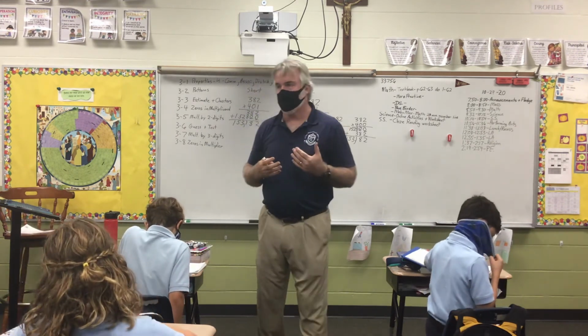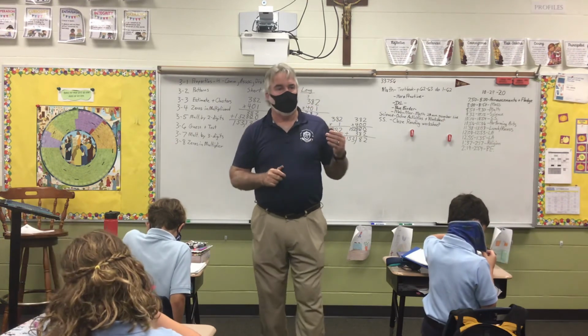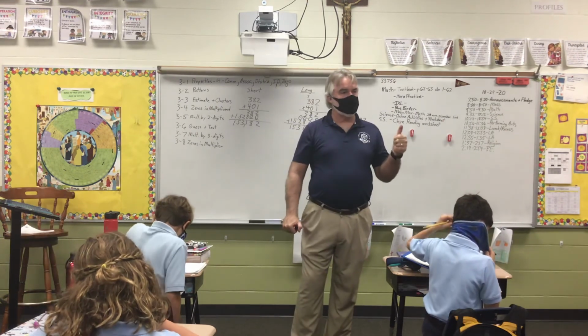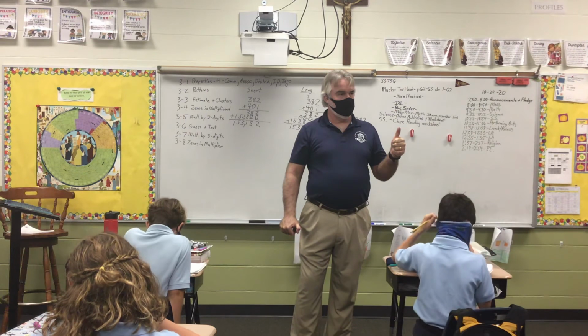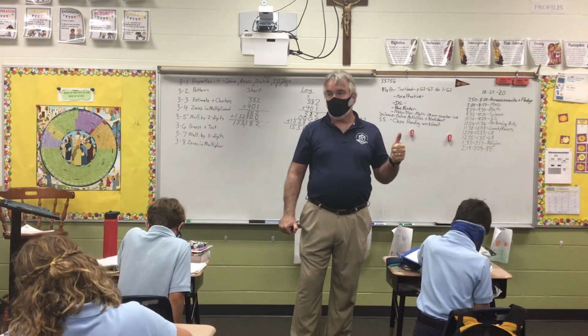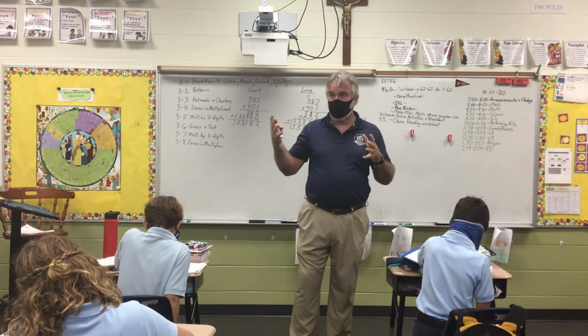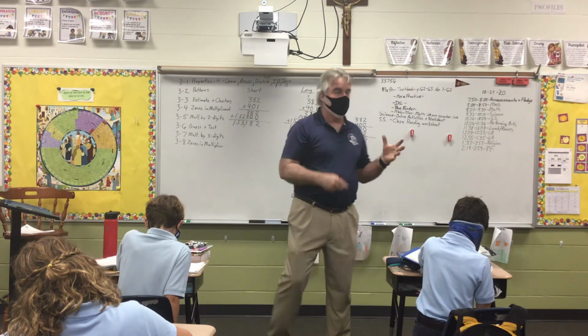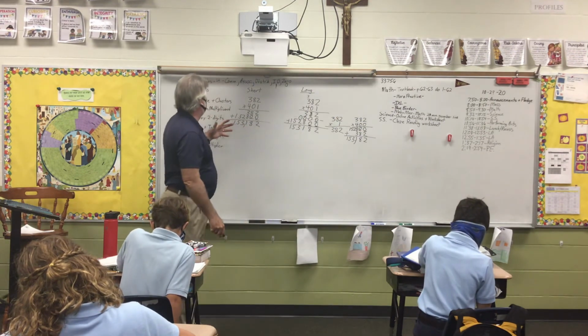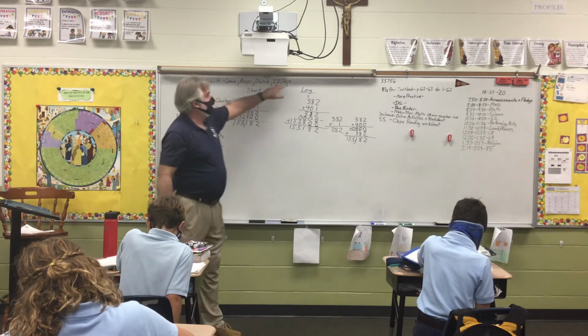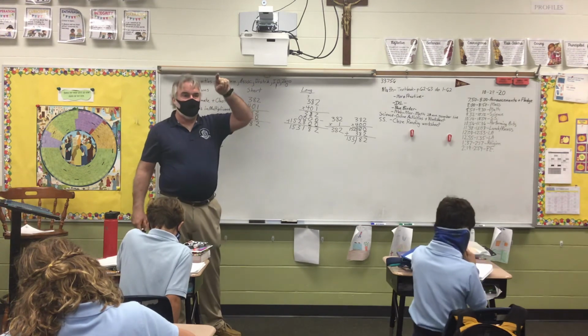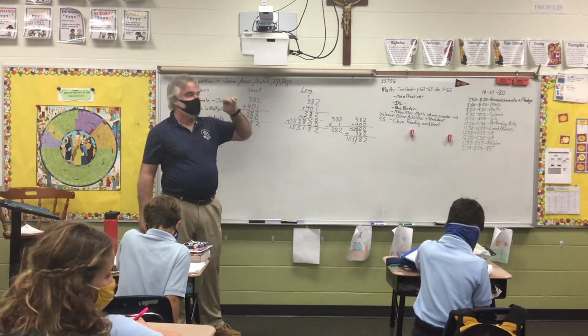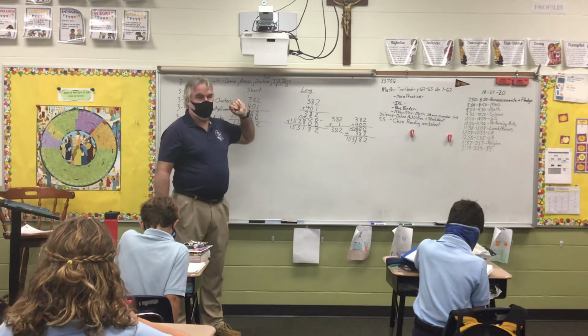Things that you need to look for, okay, is looking at the signs. Okay, and this is important, because you can pick up a lot of things that are going on. If you have 3 numbers and you have a plus sign in there, it's going to be a distributive property.